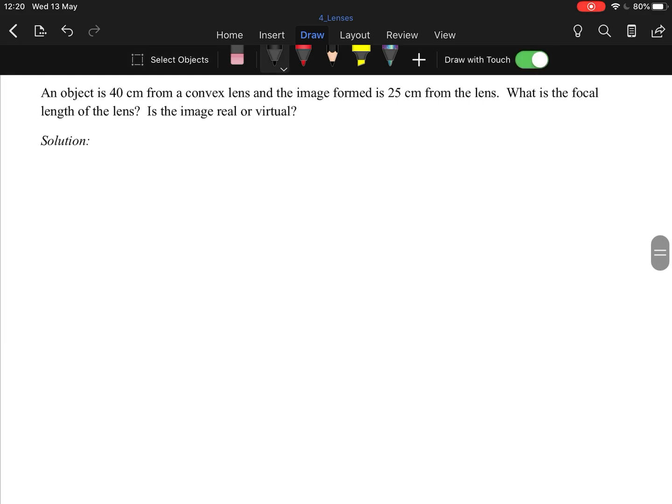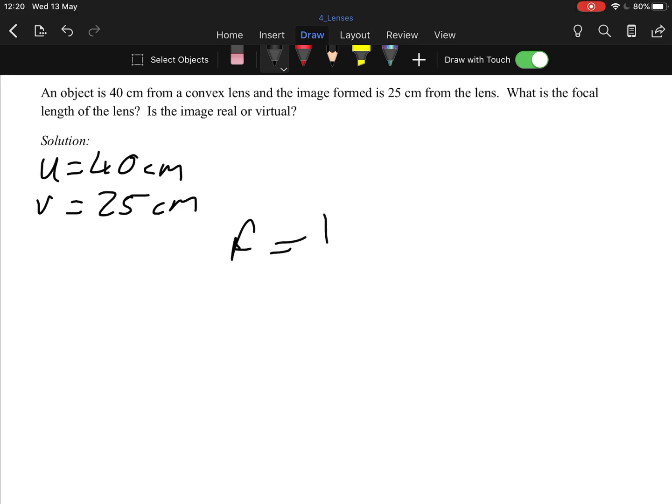So let's have a look at the question then. An object is 40 centimeters, object is u, 40 centimeters from a convex lens, and the image formed, v, is 25 centimeters. What is the focal length? Easy. 1 over f equals 1 over u plus 1 over v. Sub in your 2 values.